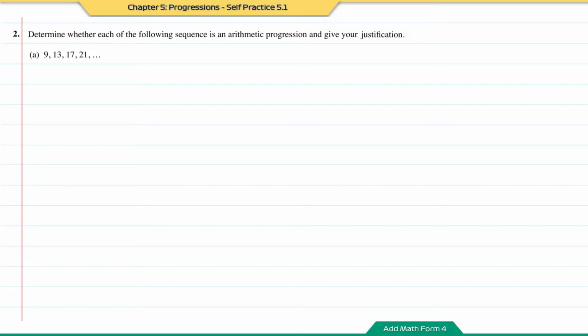In question A, from 9 to 13 you are adding 4. From 13 to 17 you are adding 4 as well, and so on. As you are adding a constant value, which is positive 4, to the previous number, therefore question A is an arithmetic progression.